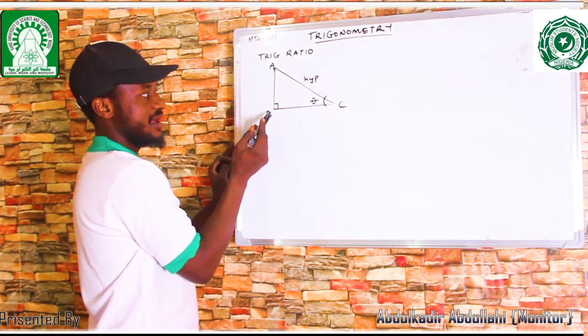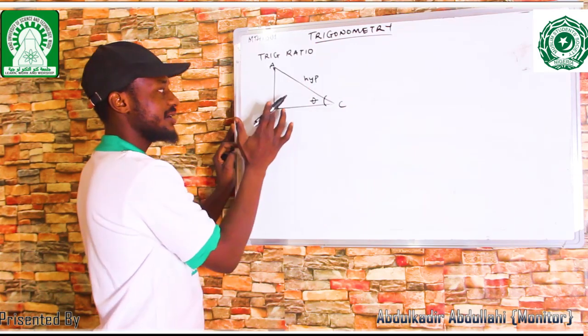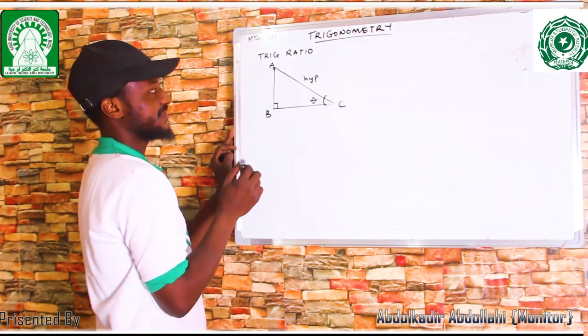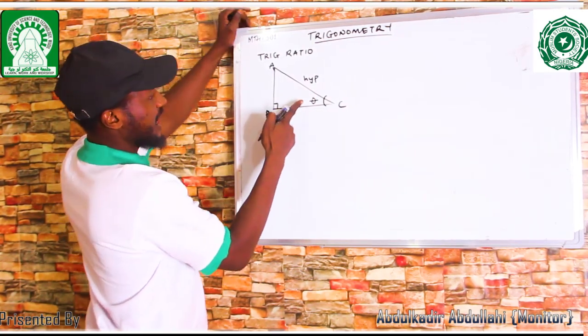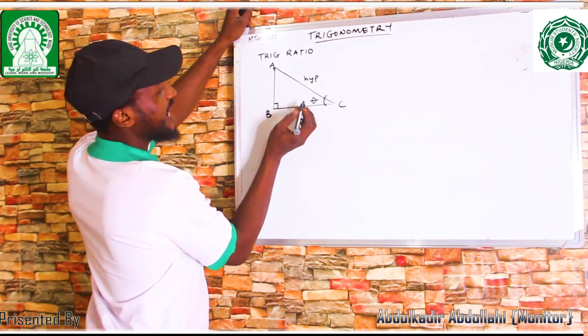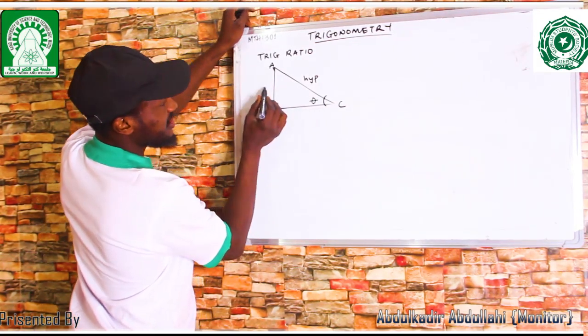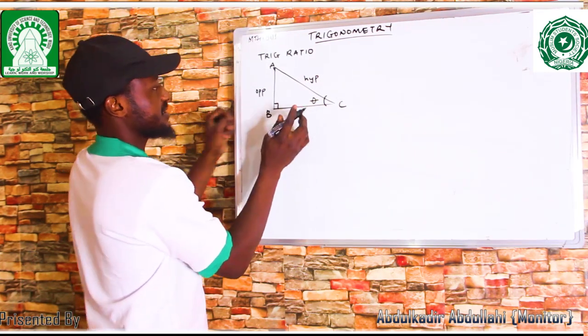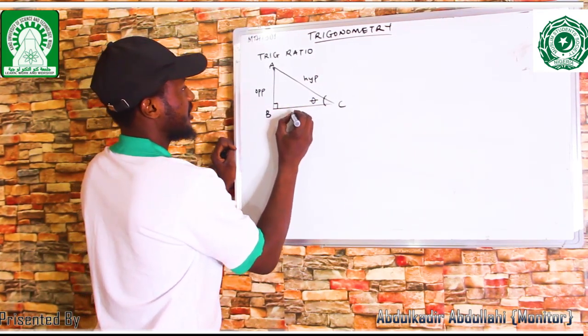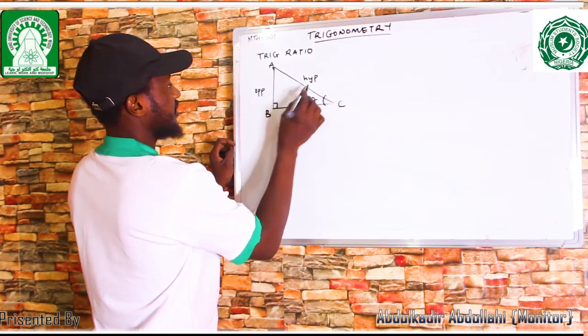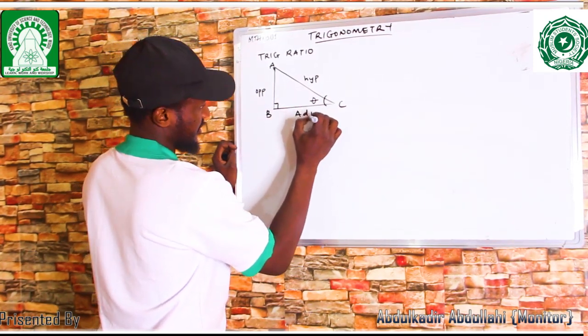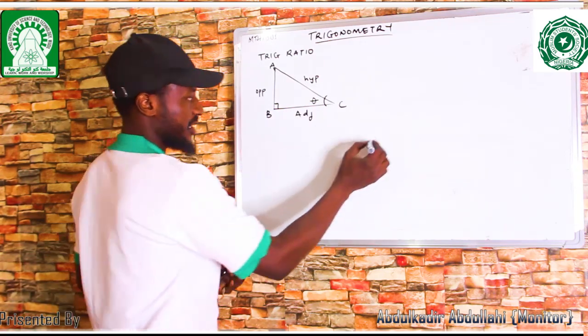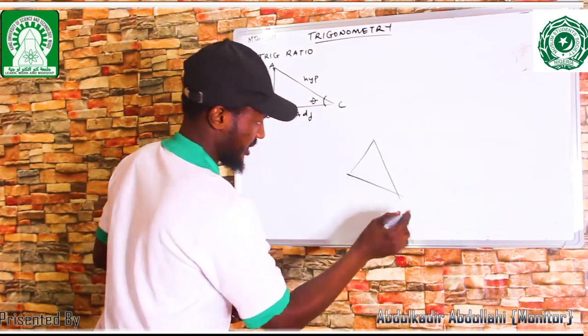Any side facing the right angle is called the hypotenuse. Also, the side the given angle is facing is called the opposite, and the remaining side is called the adjacent.